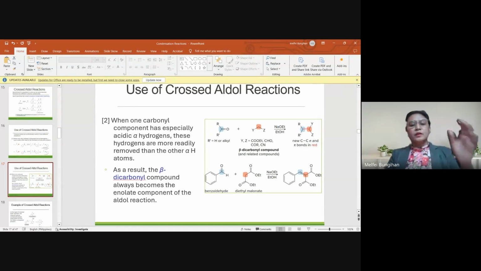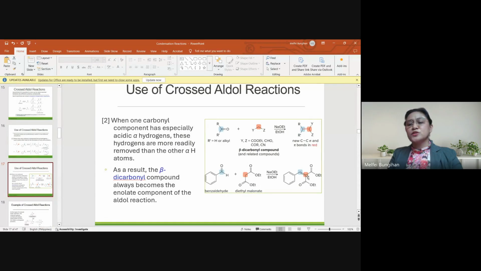So your dicarbonyls here and diesters make this alpha hydrogen very acidic, and so it forms the enolate very readily, and it will form an aldol.